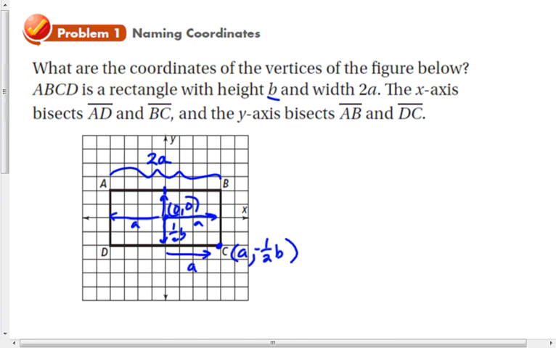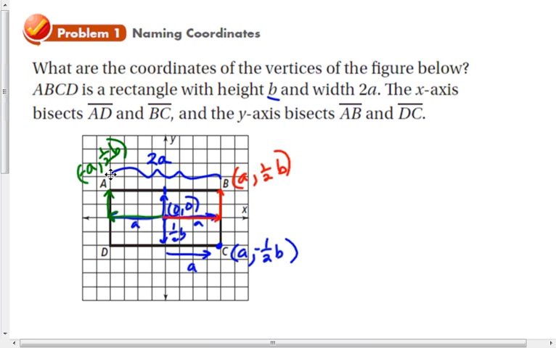Now to get to this point B, I'll use a different color, we have to go over A units and up 1/2 B units. And to get to this point over here, A, we have to go over A units to the left, so that would give us -A, and then up 1/2 B units.